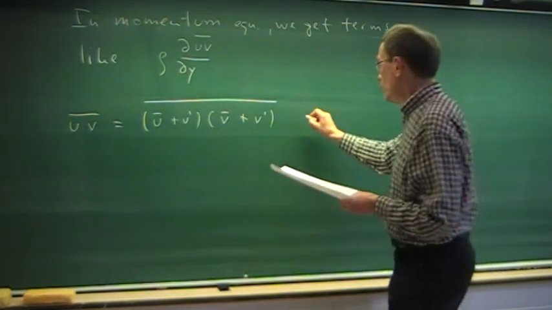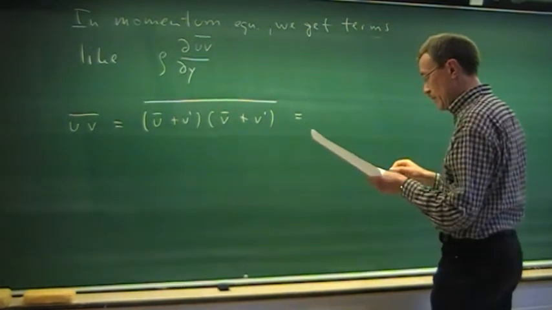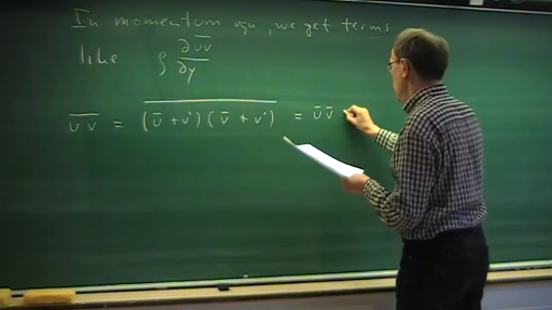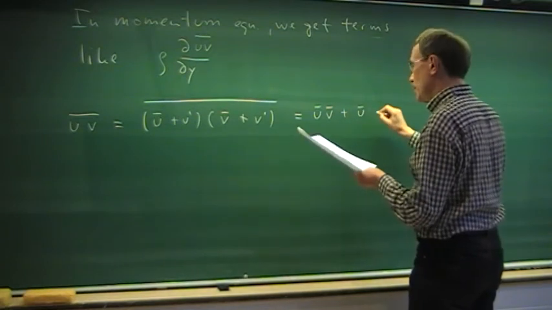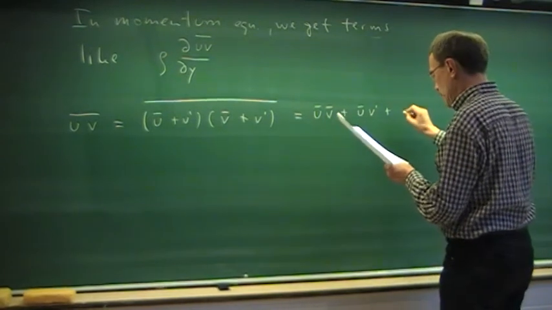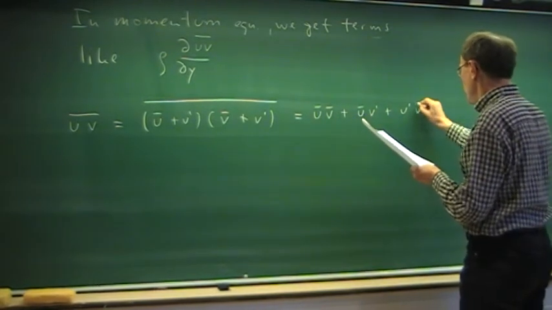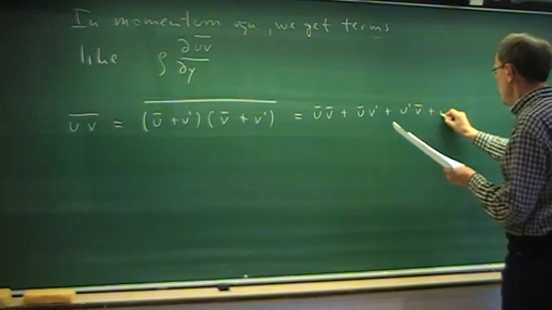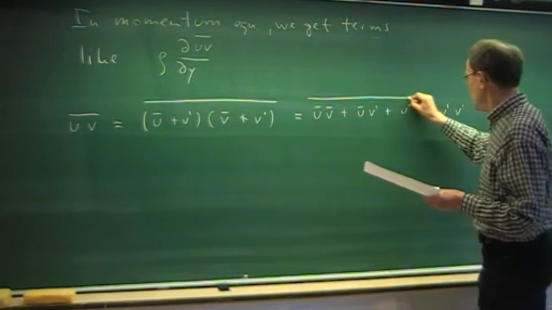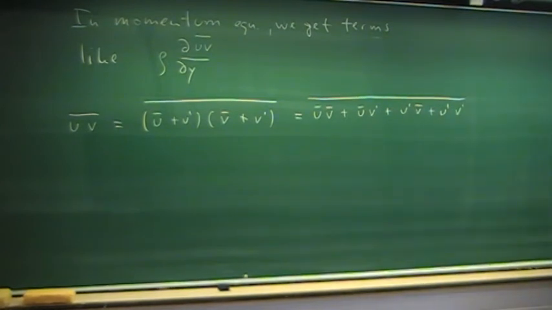And then we compute this product, and then we get u bar v bar, plus u bar v prime, plus u prime v bar, plus u prime v prime. So I just compute the product, and then we have to average this.